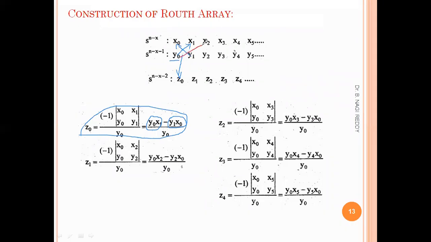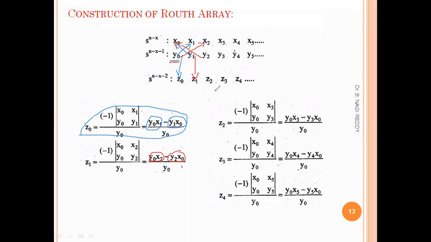So Y0 into X2 is the first term, minus Y2 into X0 as the second term, divided by again Y0. In this process we can get Z1.